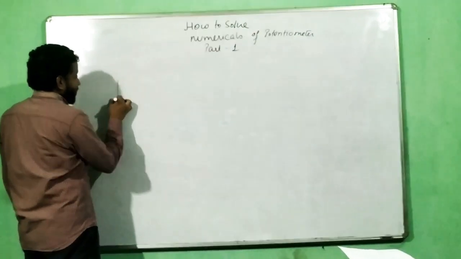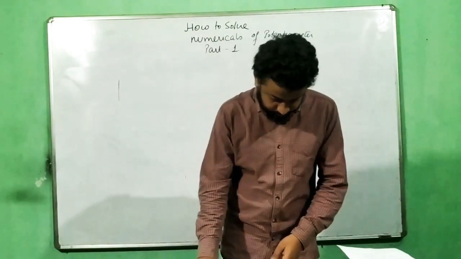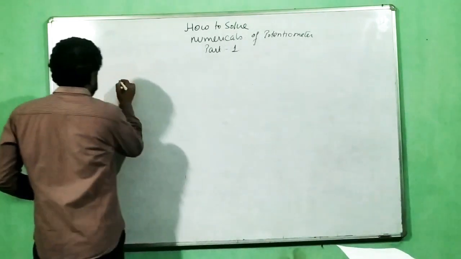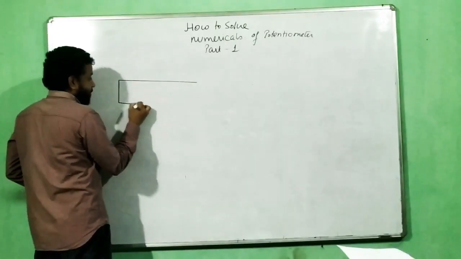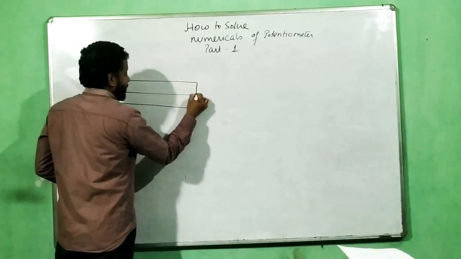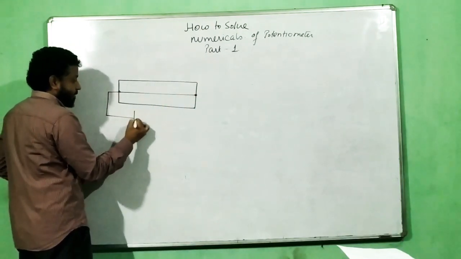So consider that you have a potentiometer wire. You have this as a potentiometer wire, from here till here. This is your primary EMF.